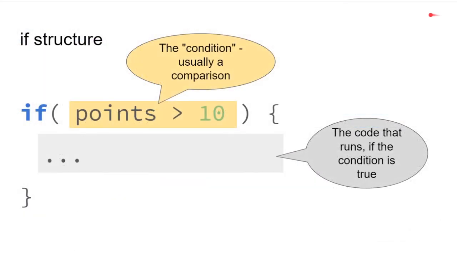So to recap, the structure of an if statement is we have the if word and then a set of parentheses, and inside those we have the condition. Usually a comparison where we compare some variable to a number or maybe even to another variable. And then we have the curly brackets that contain the code that should be run if this condition is true.